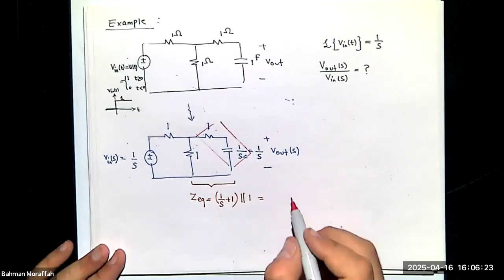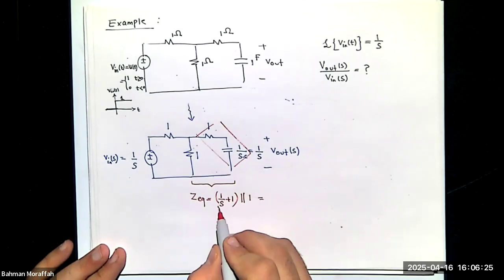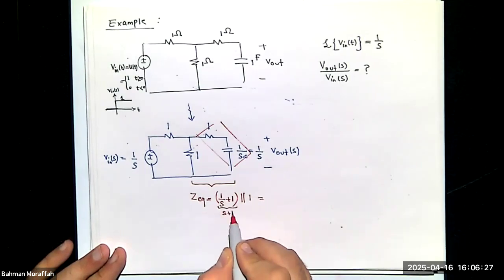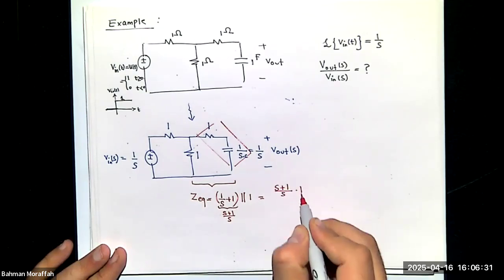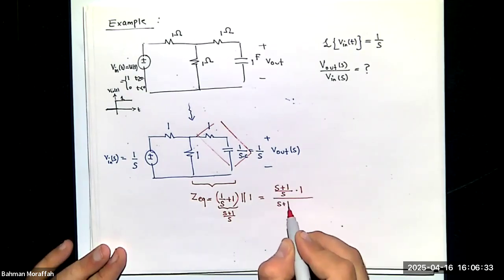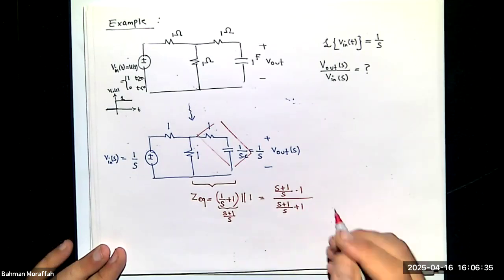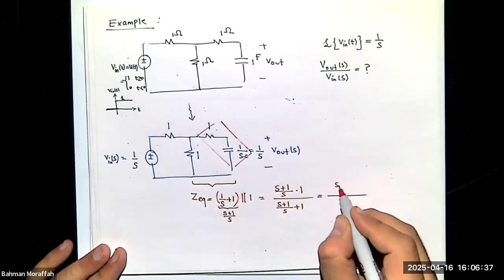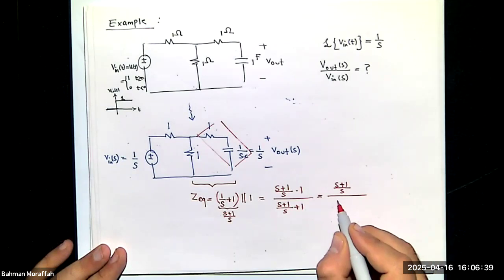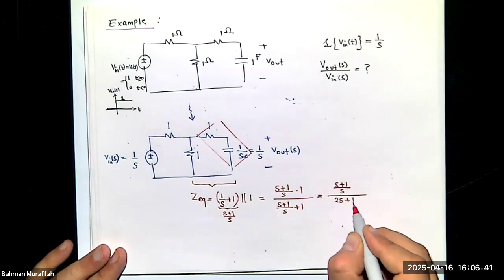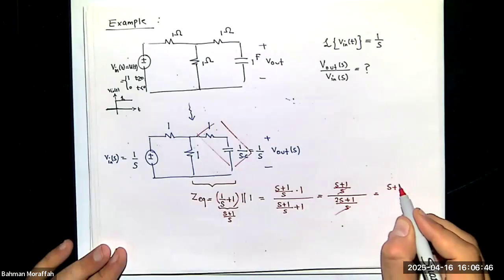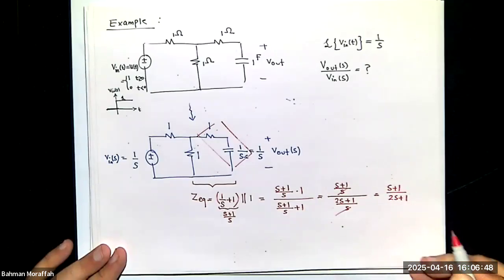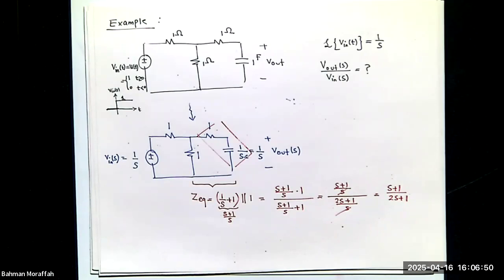Which I can write as, let's simplify this. This is s plus 1 divided by s. So it is (s plus 1 divided by s) times 1 divided by (s plus 1 divided by s plus 1). So it is (s plus 1 divided by s) over (2s plus 1 divided by s). s and s cancel. So it is s plus 1 divided by 2s plus 1. Right?